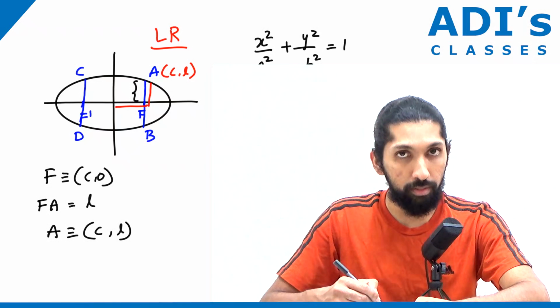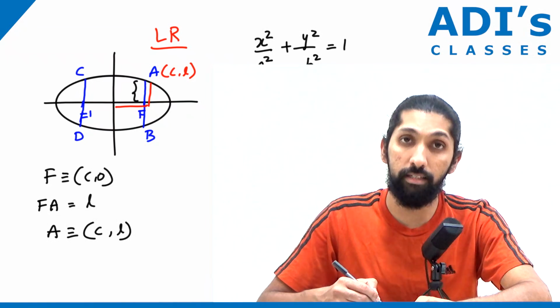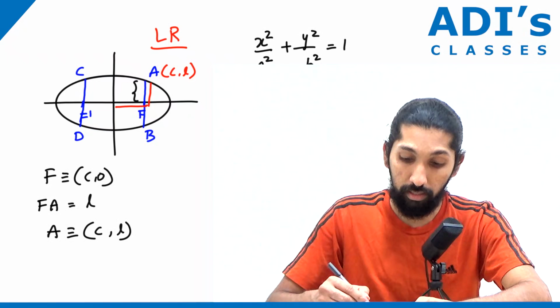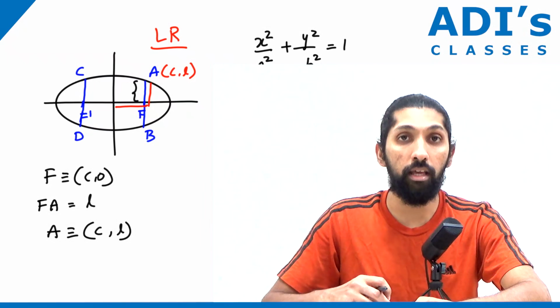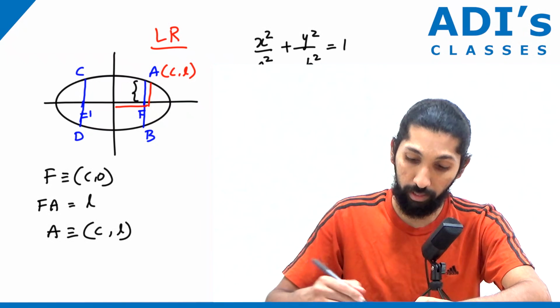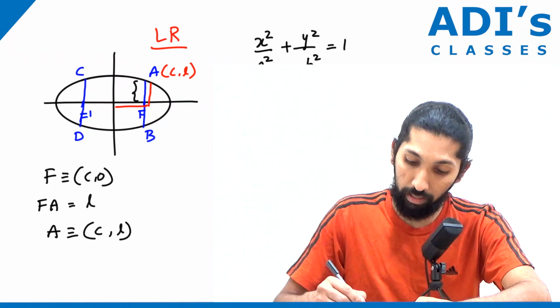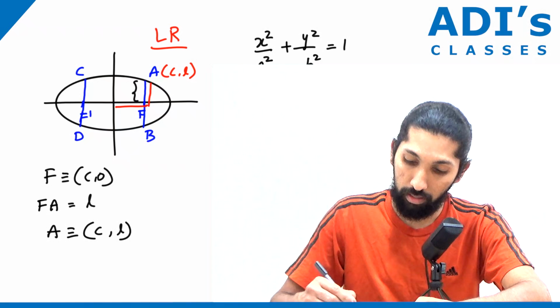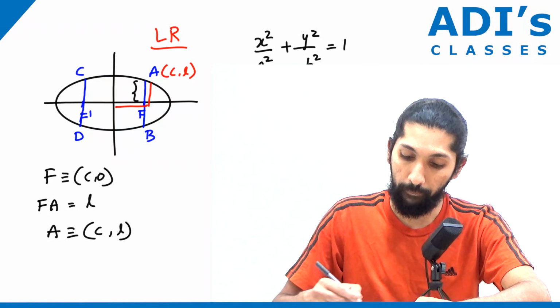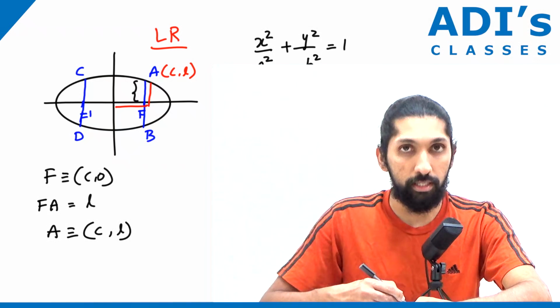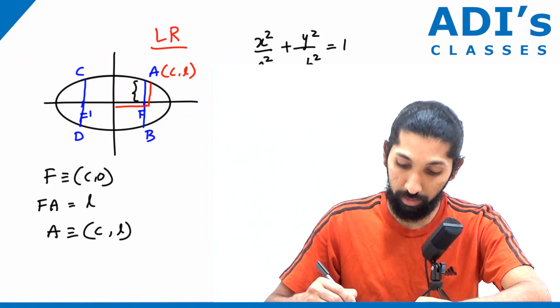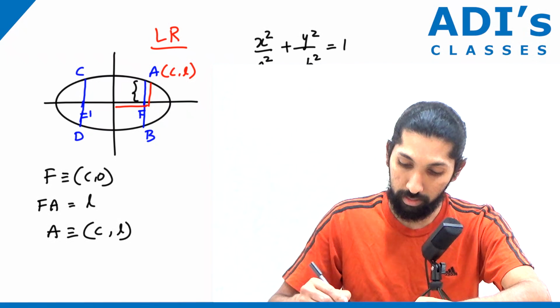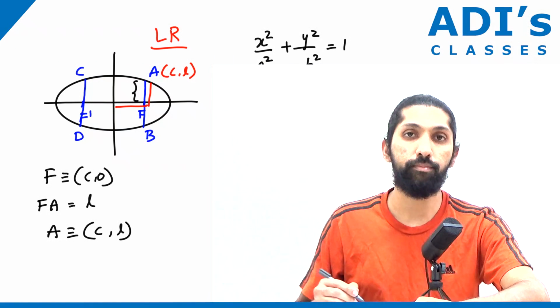But in the previous video, we discussed eccentricity. That means here, c can be written as ae, isn't it? So we can write this as (ae) whole square divided by a square plus L square by b square is equal to 1. a square gets cancelled. That means we end up with e square plus L square by b square is equal to 1.